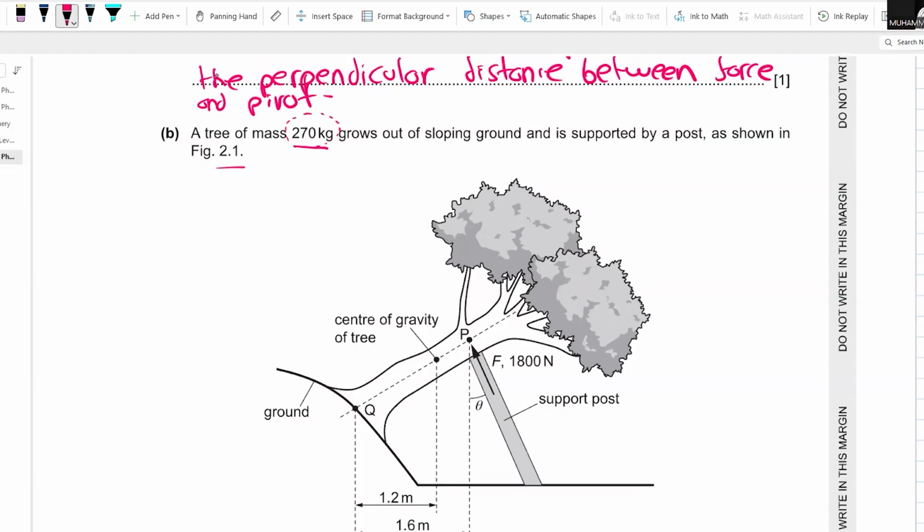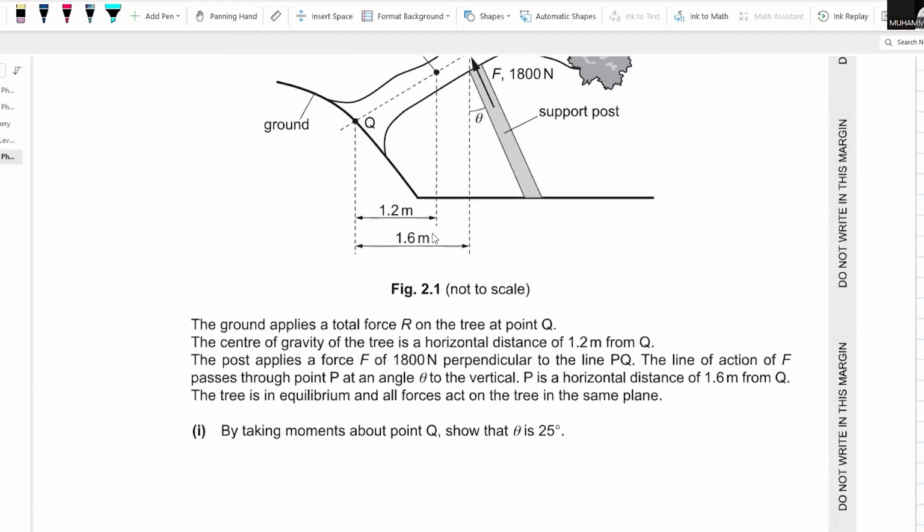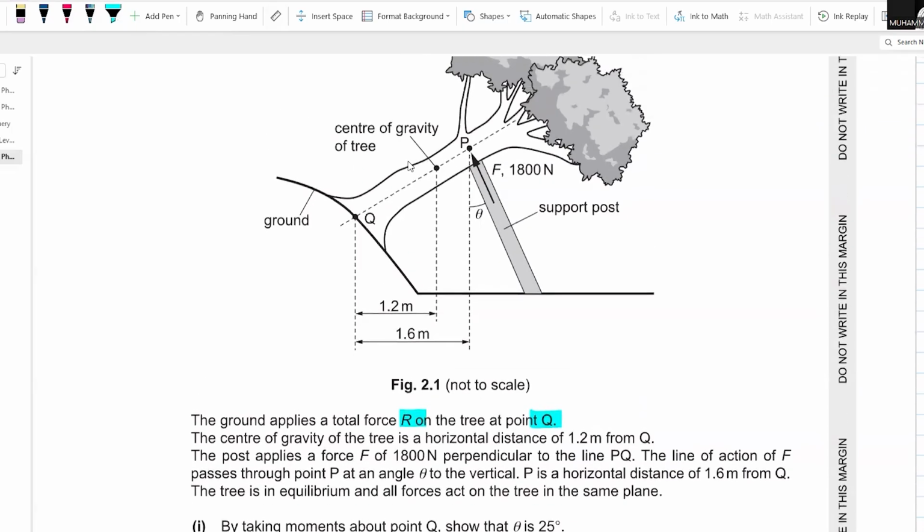The ground applies a total force of R on the tree at point Q. This is the point Q. The center of gravity of the tree is at a horizontal distance of 1.2 meters from Q.